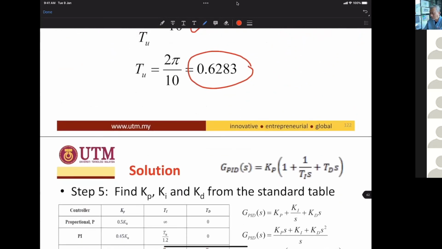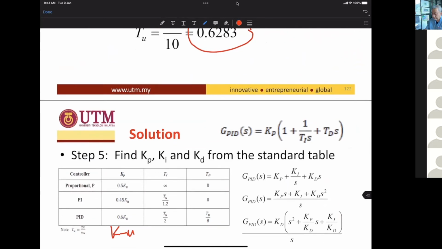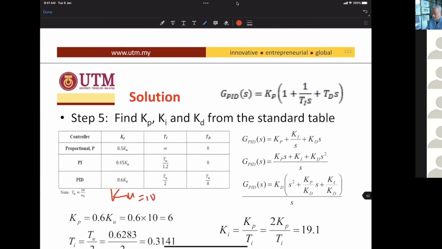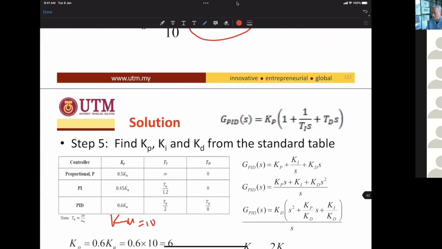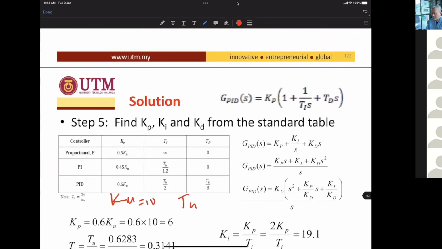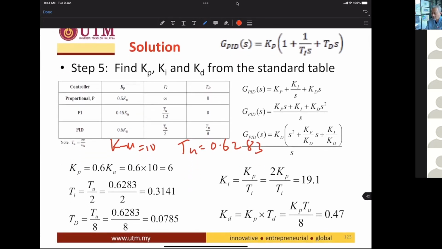Once you get the Tu, you can get the value of the Ku. Ku is already there, Ku is 10, and Tu is 0.6283. So you get the Kp, you get the Ti, and you get the Td. Kp is 6.